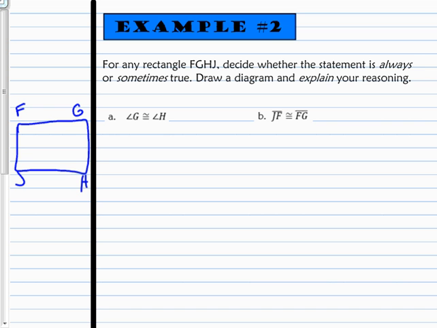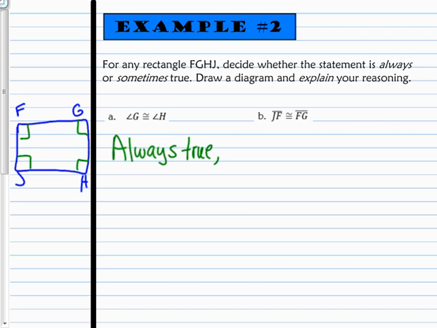Decide whether the statement is always true or sometimes true. So remember, call it a rectangle. So what do we have here? We have that all of the angles are right angles. So is angle G congruent to angle H? So is the answer always true or sometimes true? Well, it's always true. And why is that?